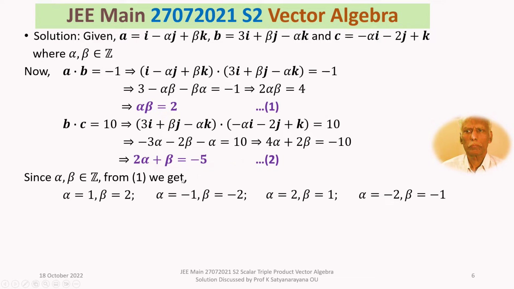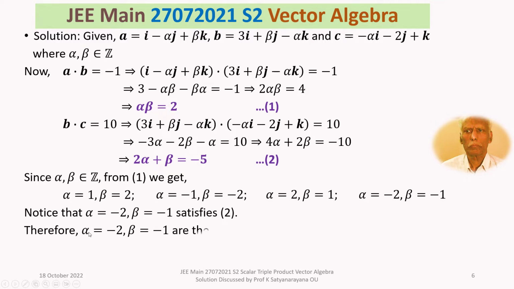You observe that alpha is minus 2, beta is minus 1 satisfies this equation: 2 into minus 2 is minus 4, minus 1, that is minus 5. So alpha is minus 2 and beta is minus 1 are the solutions of equations 1 and 2.